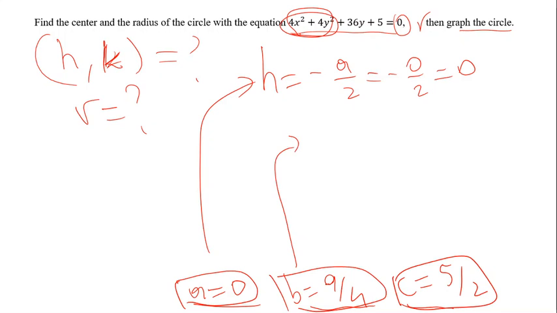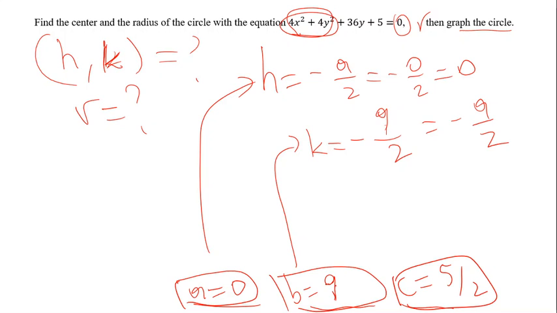And then use these conversion formulas. K is equal to minus 9 over 4 divided by 2. Sorry, it's 9 indeed. When you divide it by 4, it will be 9. So it's minus 9 over 2.